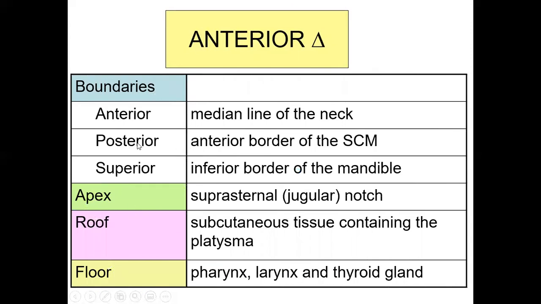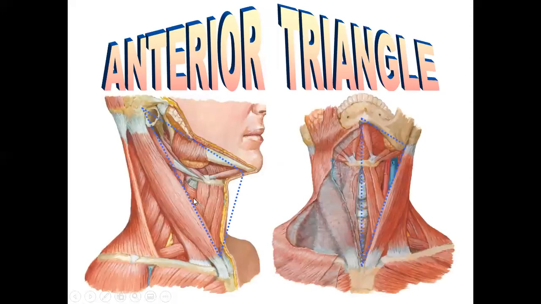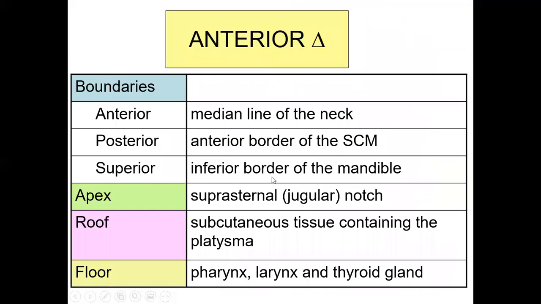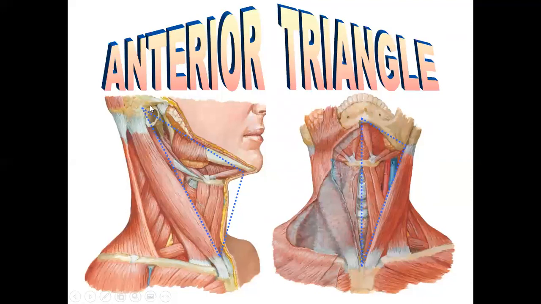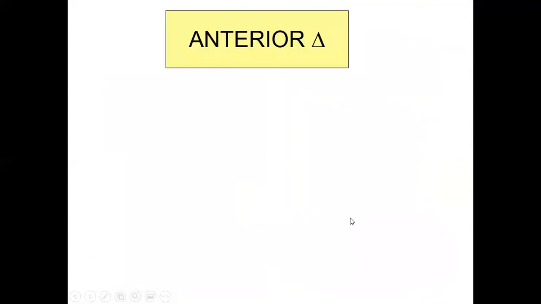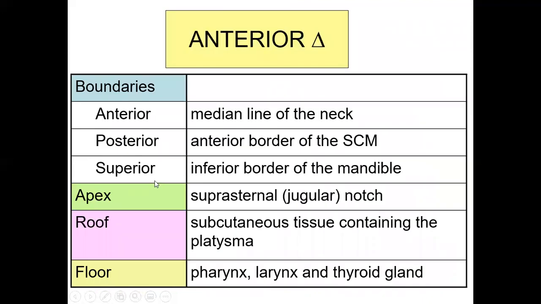Posteriorly, the boundary is the anterior border of the sternocleidomastoid muscle, and superiorly it is bounded by the inferior border of the mandible. So we have three boundaries: the anterior boundary, the posterior boundary, and the superior boundary.